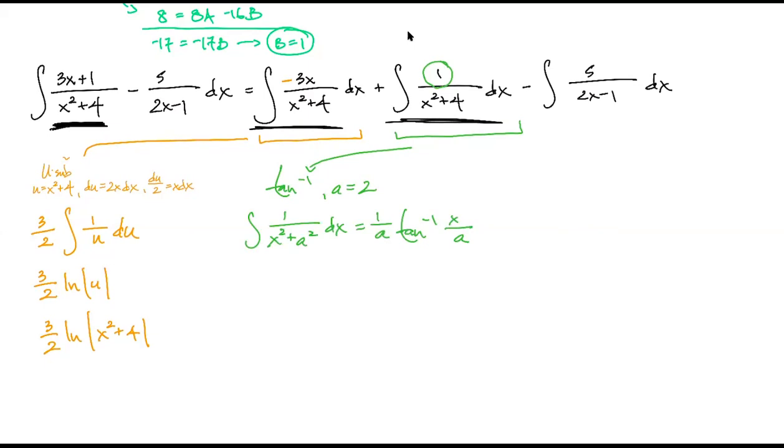And so when we plug in what we have for our a, that's going to make this second integral 1/2 arctan of x over 2. Okay, so each part of our problem is going to require a different strategy, and that's okay.